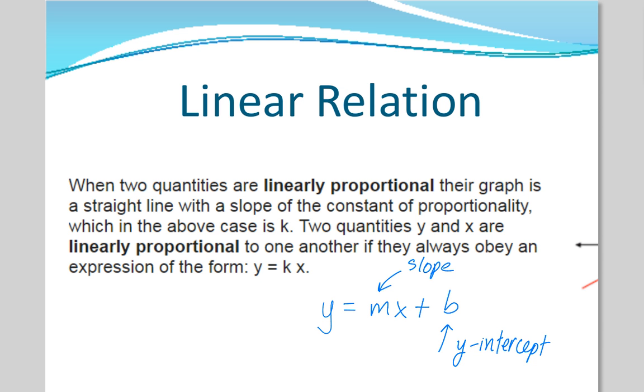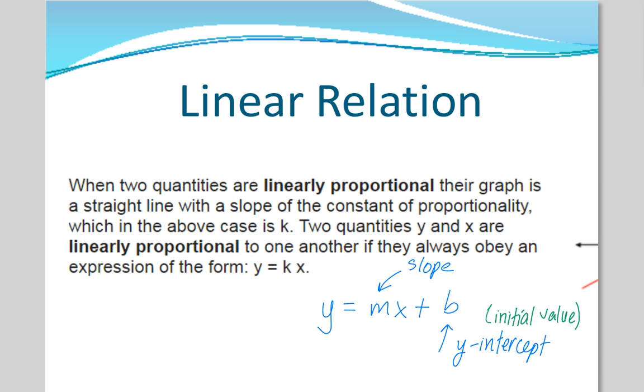So the y-intercept is important because it's like a starting point. So make sure you know that right now. The y-intercept is called the initial value. Because what would happen if x was 0?